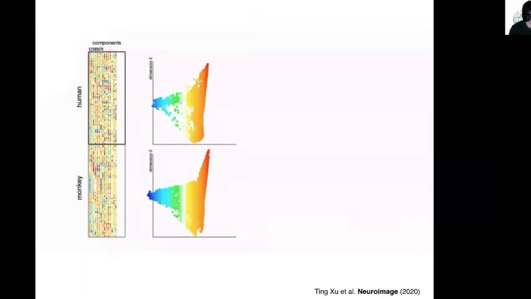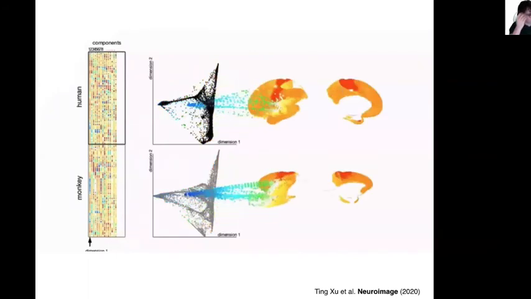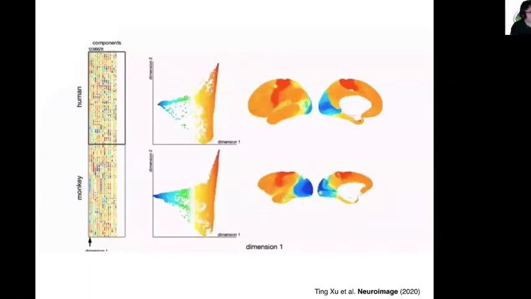And then you can repeat this and project it onto the surface of the human brain and the surface of the monkey brain, whereby the color codes you see here show the areas that have an equivalence along the first dimension in human and macaque.